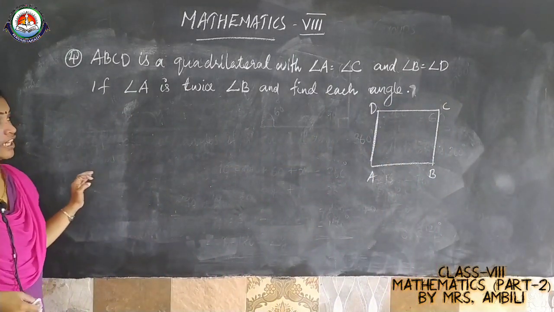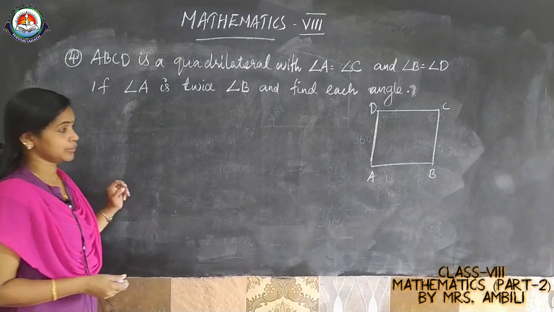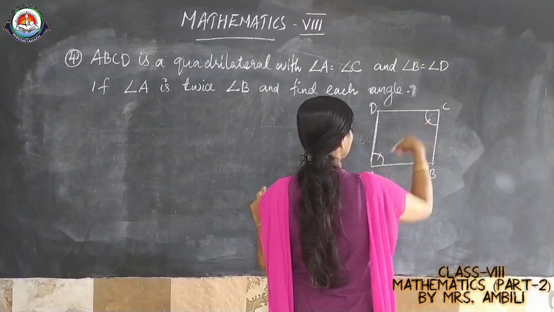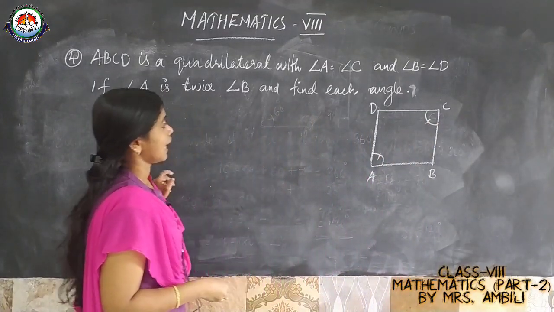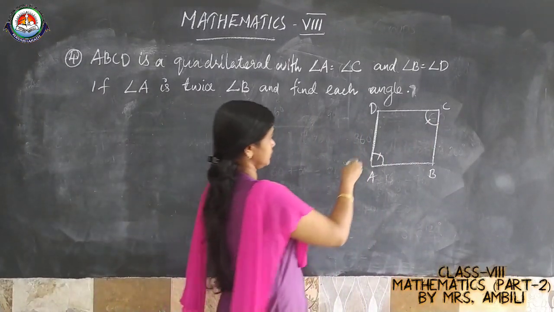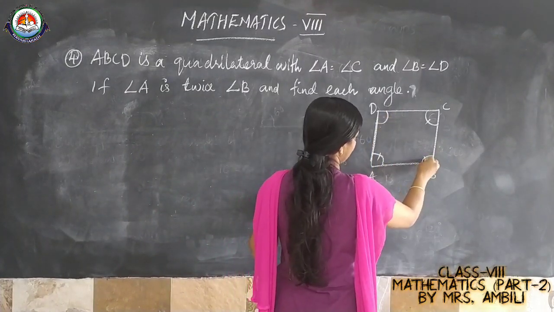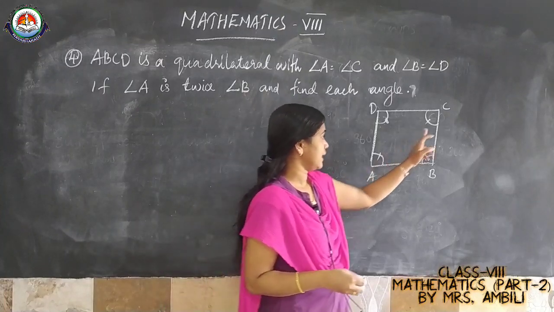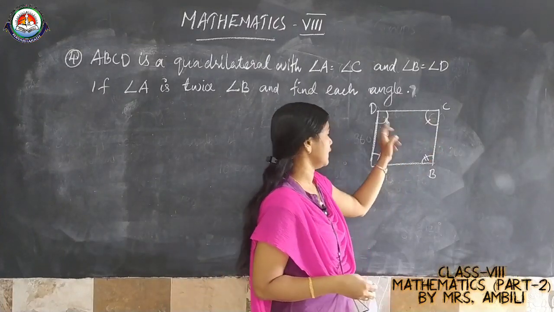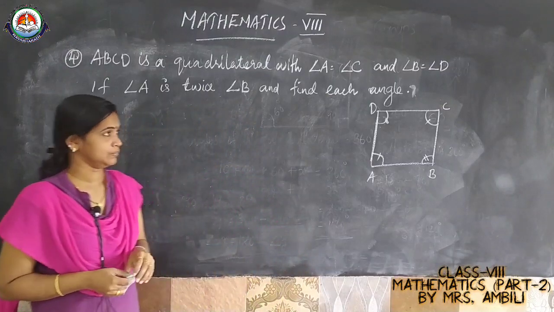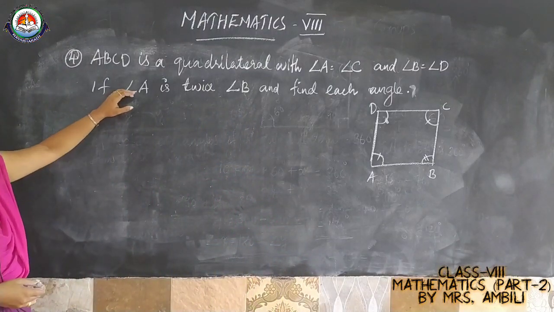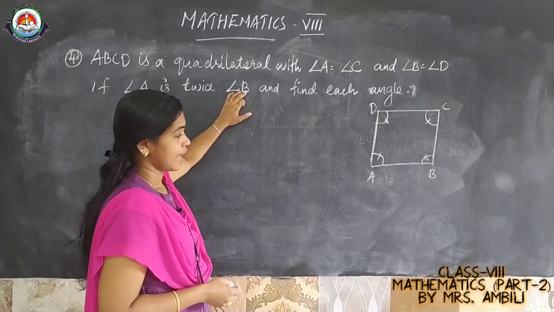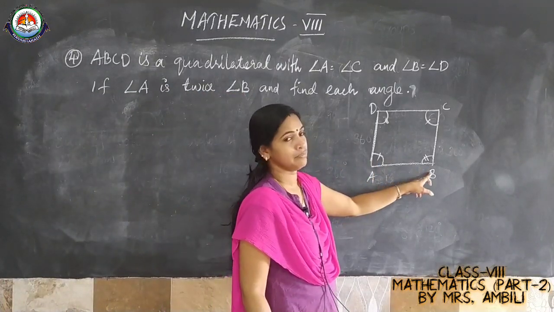ABCD is a quadrilateral with the angle A equal to angle C. So, this angle and this angle is equal, angle A equal to angle C. Then angle B equal to angle D, these two angles also equal. And angle A is twice angle B.